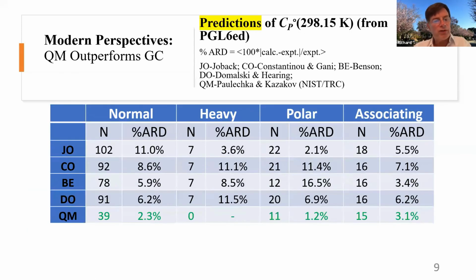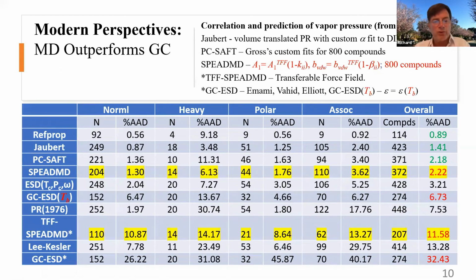So the question was, well, what about when you make the molecules complicated? Okay, so polar molecules include things like nitrates and esters and acids. Well, I think acids are in the association category. We do not include anything about ionic liquids.